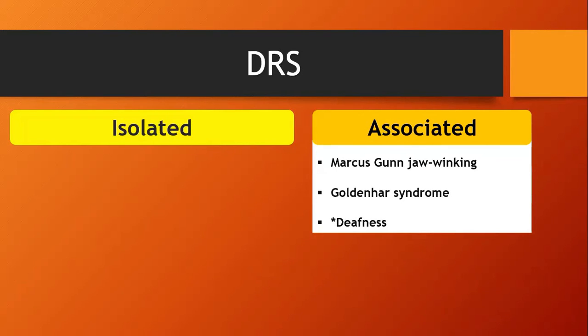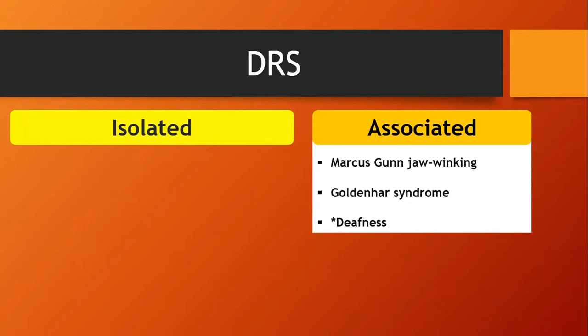Deafness is the most important, so don't forget deafness. Because during the clinical exam, if there is time, they may ask you about the associations of Duane Retraction Syndrome. So you have to check for deafness.